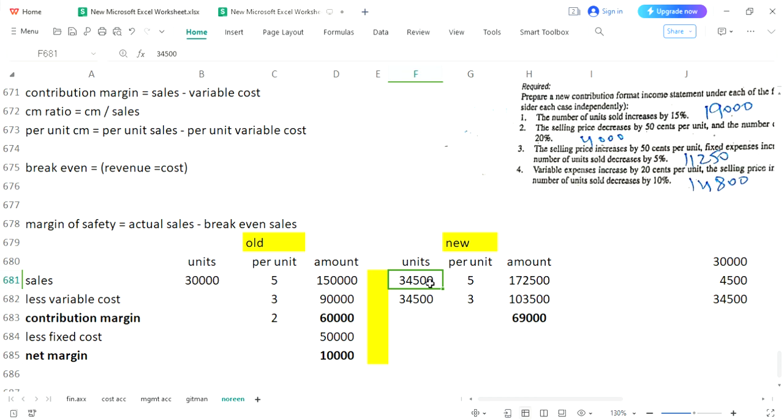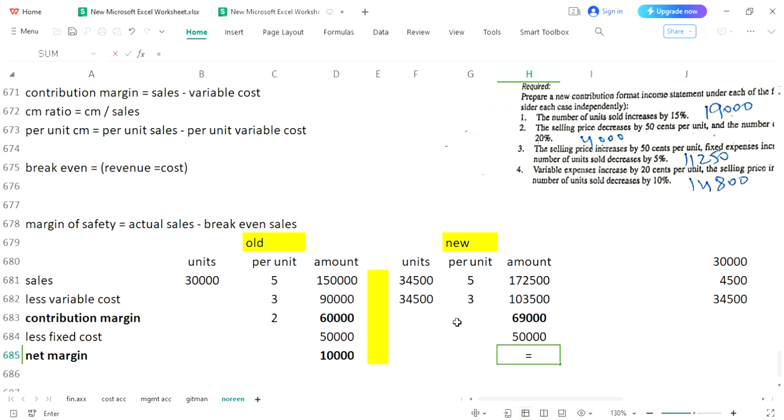That means units have increased. How much increase in fixed cost would happen? Hopefully someone of you will give the correct answer. Fixed cost means fixed. It would not be altered. So the cost of 50,000, which was for 30,000 units, would be similar if you are manufacturing 34,500 units.